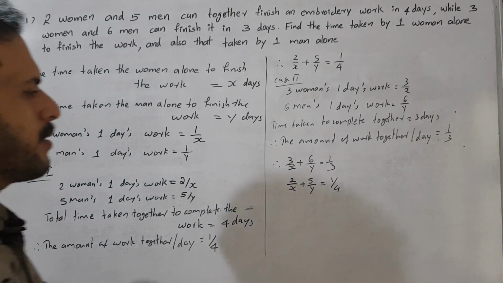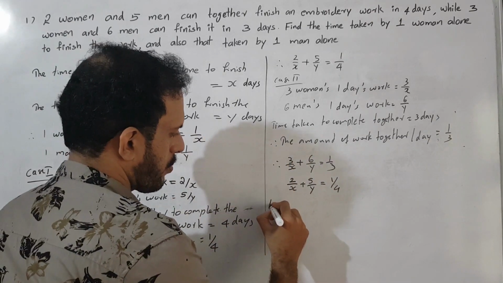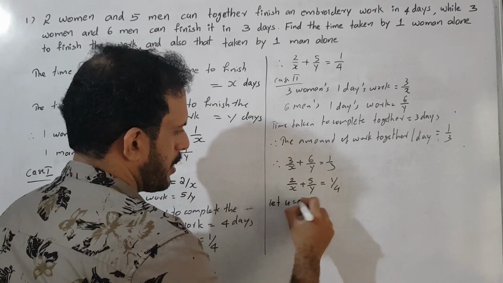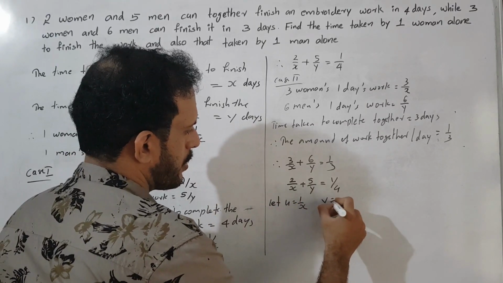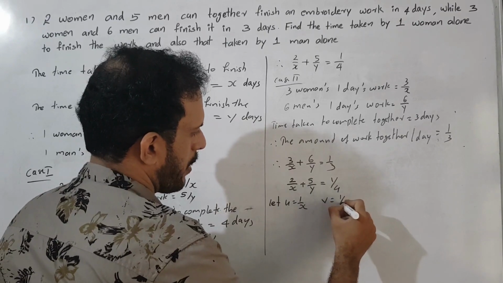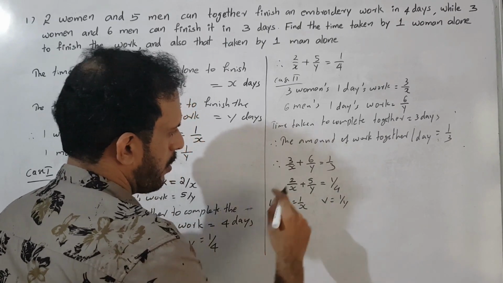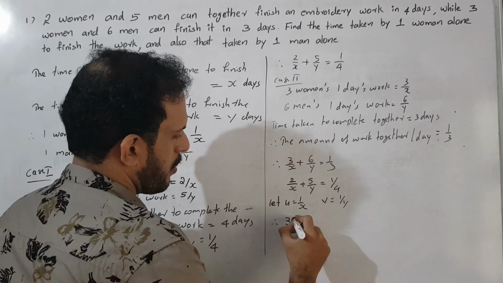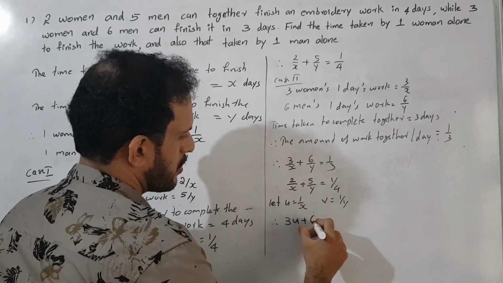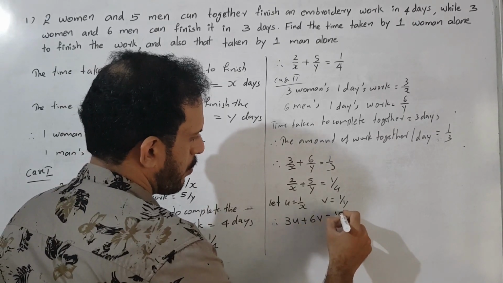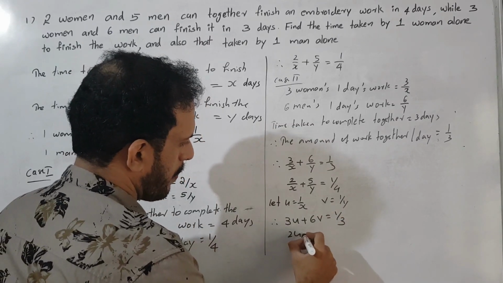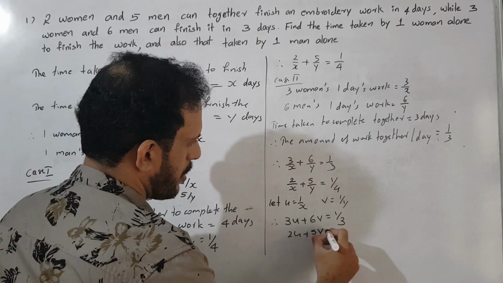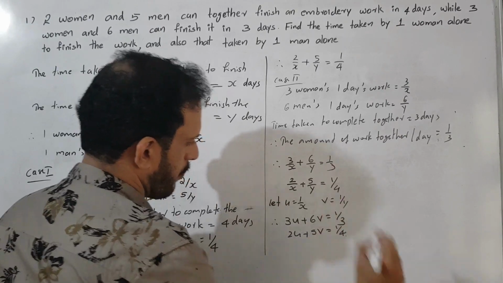So let us choose u is equal to 1 by x, v is equal to 1 by y. Therefore, how to write? 3u plus 6v is equal to 1 by 3. 2u plus 5v is equal to 1 by 4.